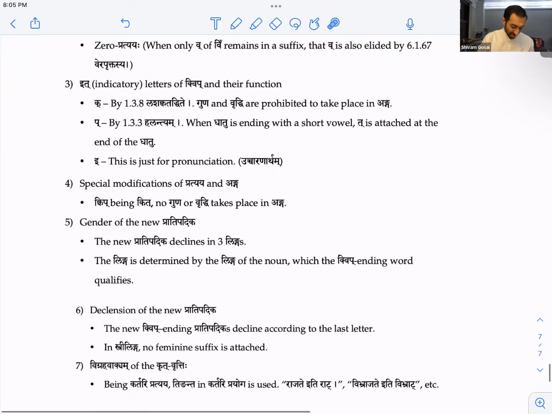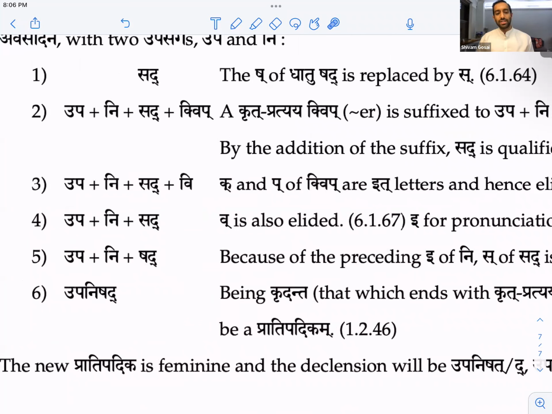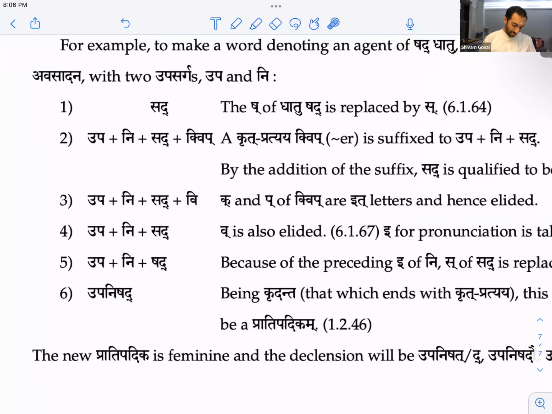The word Upanishad, right? Upanishad, so sad dhatu plus Kvip. Some changes take place where this Kvip goes away, because it's a zero pratyaya. And sad becomes shad because it's preceded by ikara. That's just a sandhi rule. So Upanishad, and that's the end of the word.